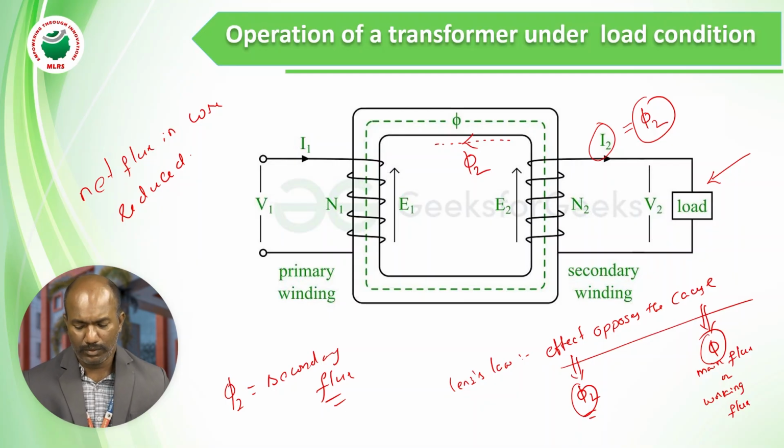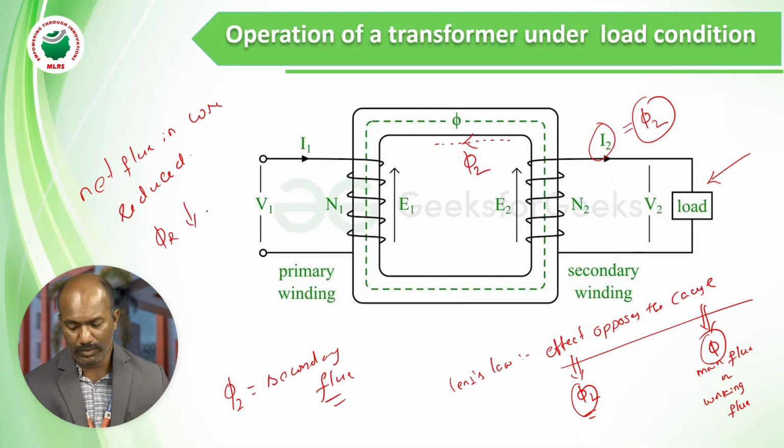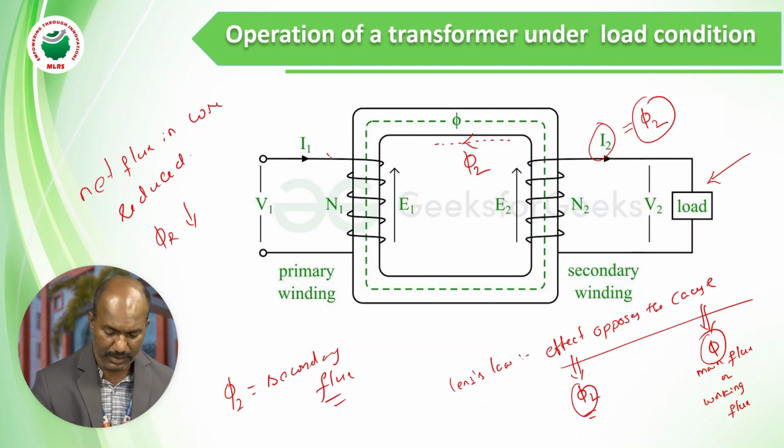So now what happened? As and when the resultant flux in the transformer core reduces, what will the transformer do? In order to maintain that main flux constant, transformer draws another current from the supply, that is I1 dash.